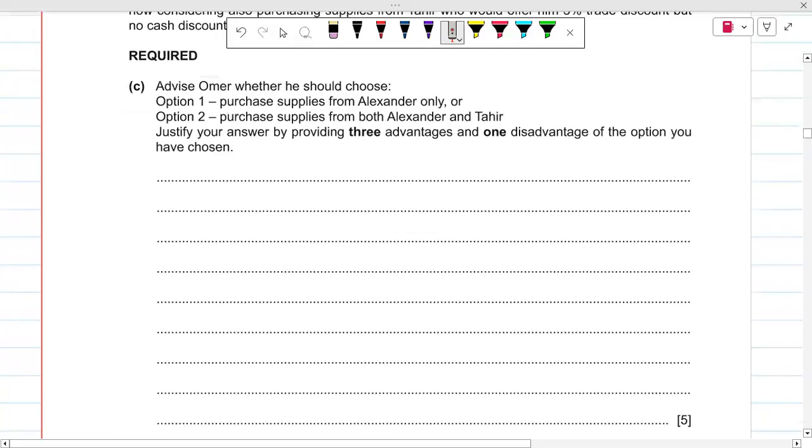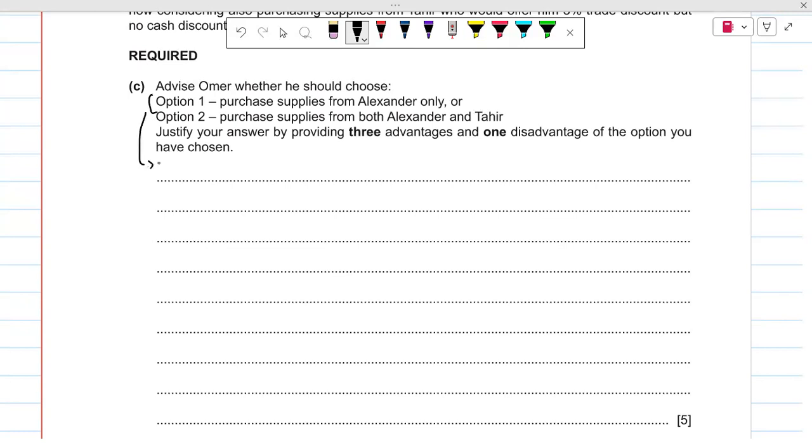First of all, let's discuss the advantages. Here we know that there are advantages if we go with option 1.